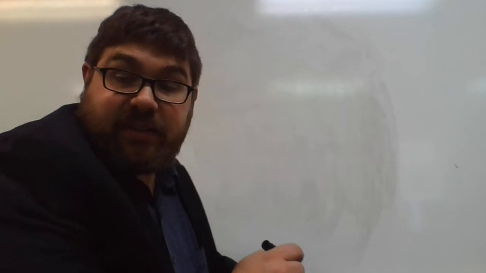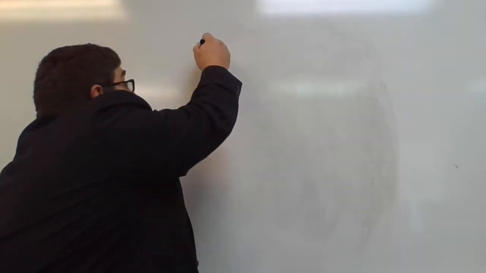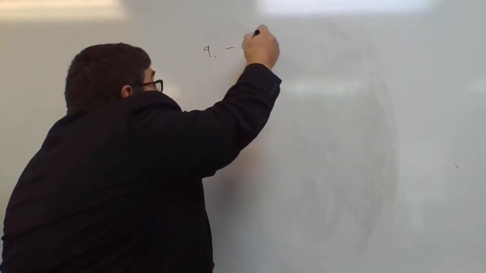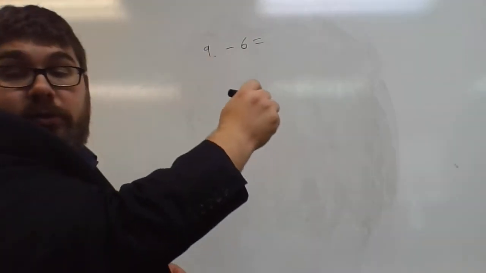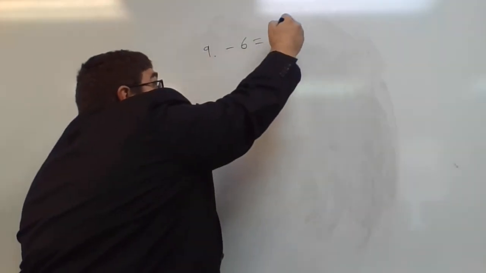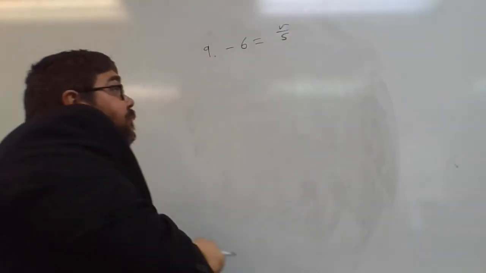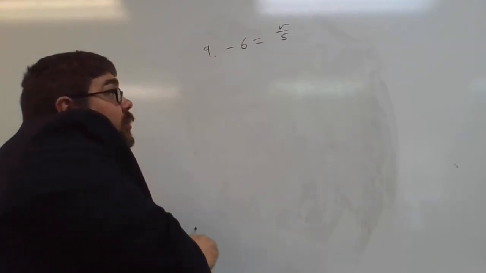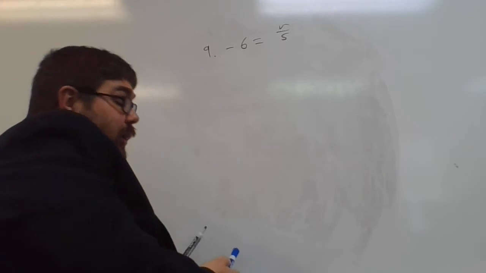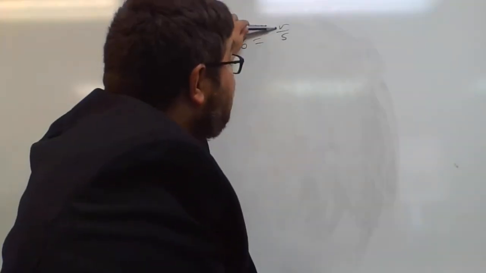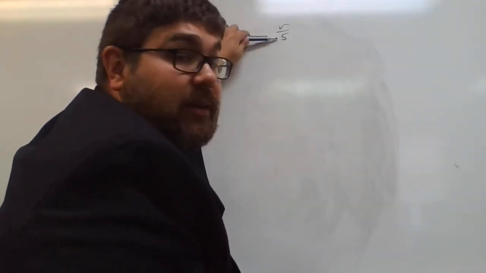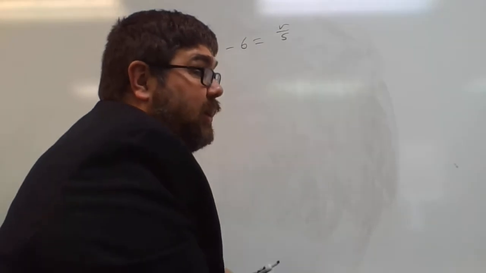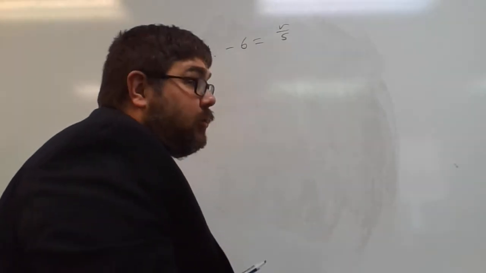Number 9 says -6 equals r divided by 5. This is a one-step equation. We want to get r by itself. It's being divided by 5. Again, what's the opposite of division?